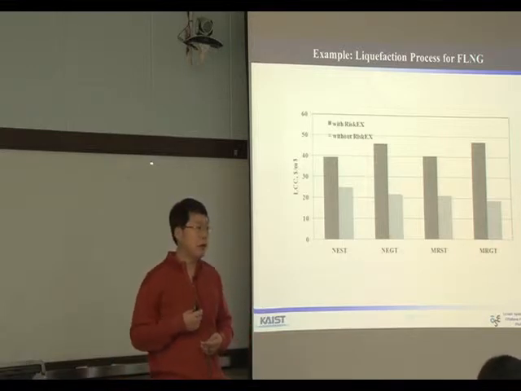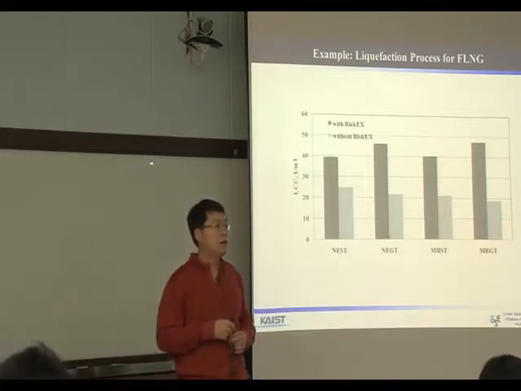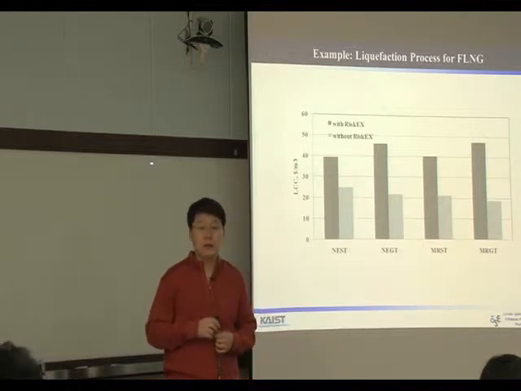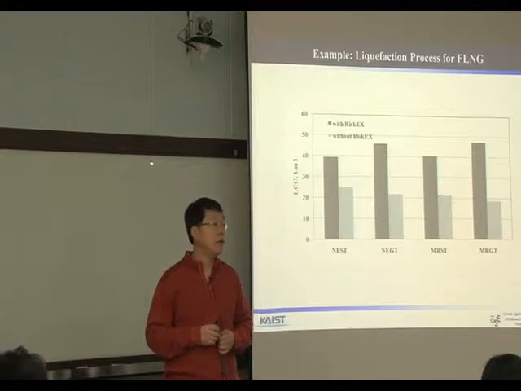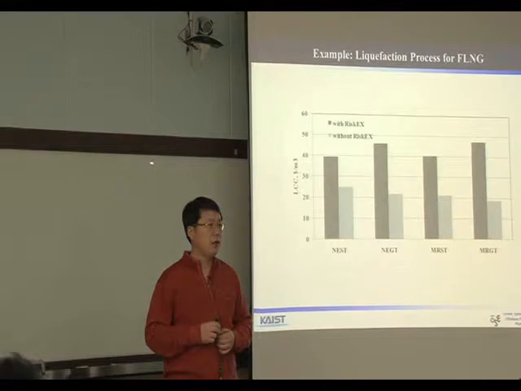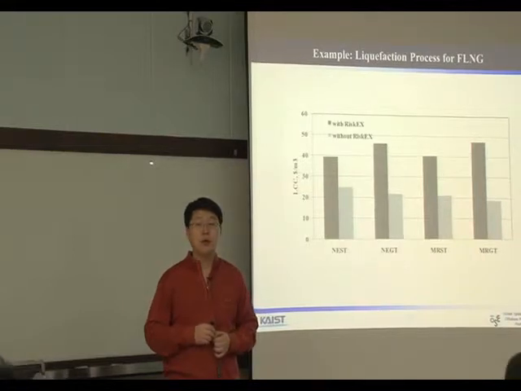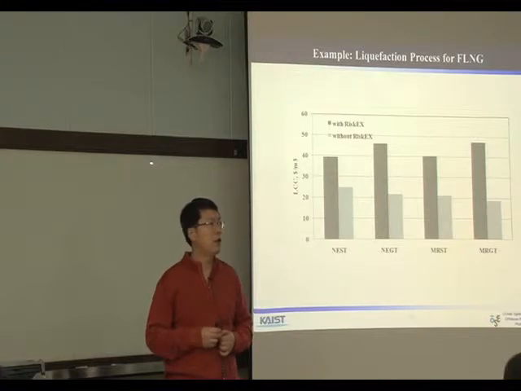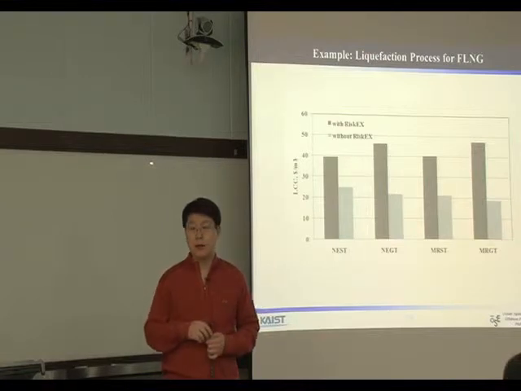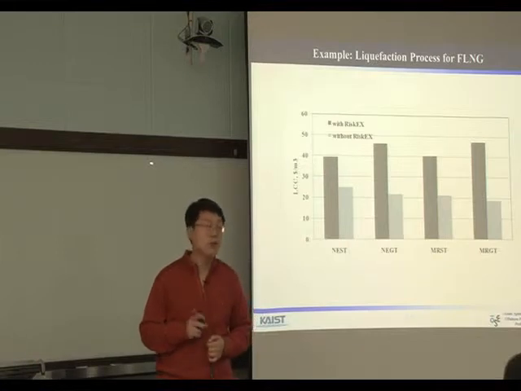The nitrogen cycle has that disadvantage. It requires more space. So actually, the first FLNG ordered by Shell, manufactured by Samsung Heavy Industry, decided to adopt the mixed refrigerant cycle.